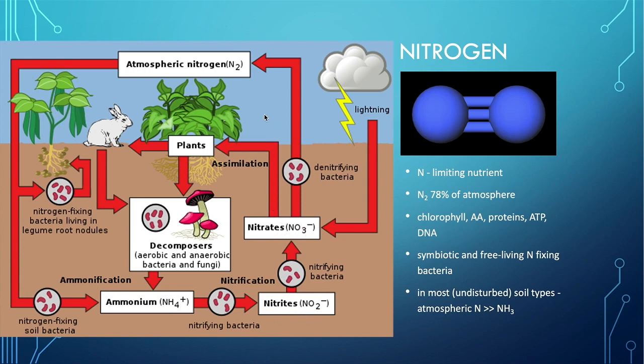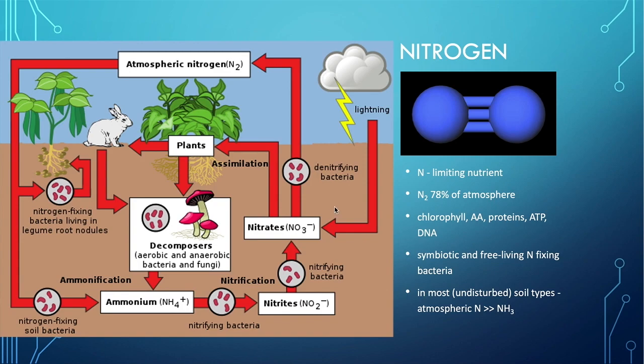And this can also be assimilated by the plant. So these compounds, these molecules, can actually be used by other plants that have not got nitrogen-fixing bacteria. So it's a very nice way of sharing nitrogen from the atmosphere across the soil community through these different groups of bacteria.